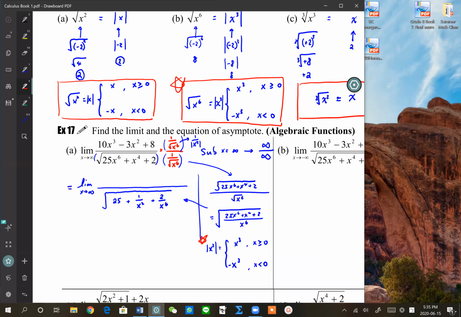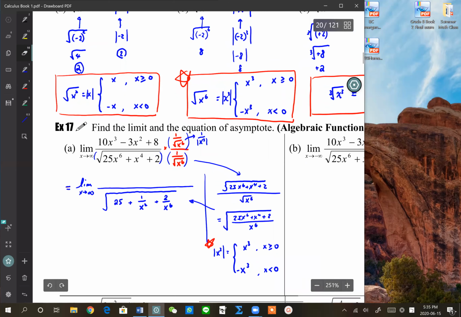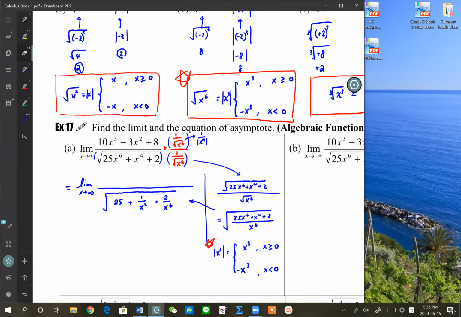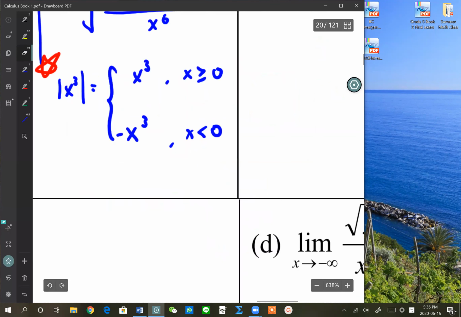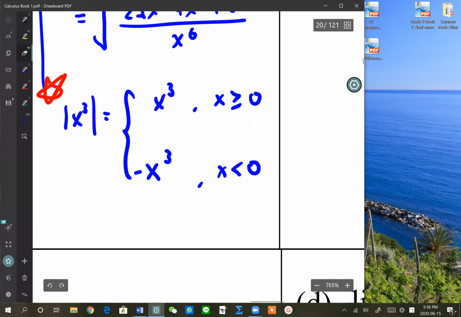So now we need to decide which piece this one turns into. Let me erase this so we have more space. What do you think? Which piece does this absolute value turn into? Does it become x cubed? It's x cubed, because the infinity is positive. Yes, very good. You look at the domain.